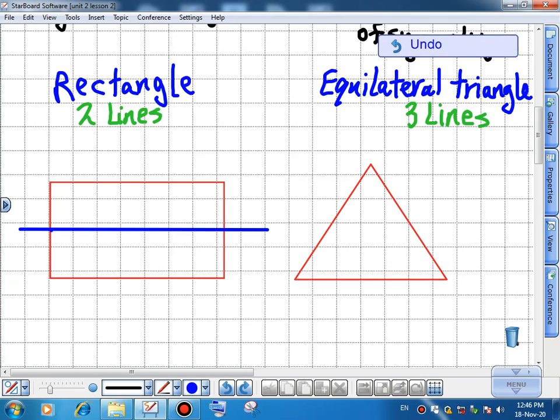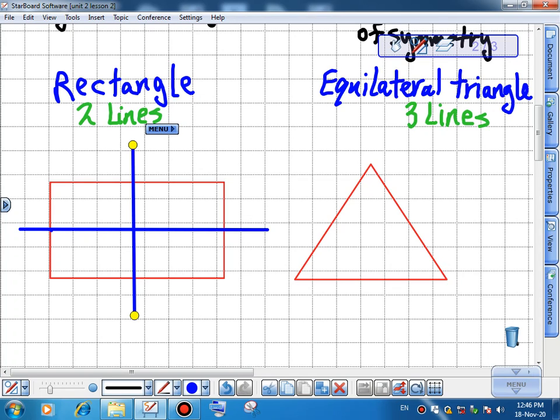And if I cut this rectangle vertically like this, this line is also a line of symmetry. So any rectangle, with a different length and width, has only two lines of symmetry.